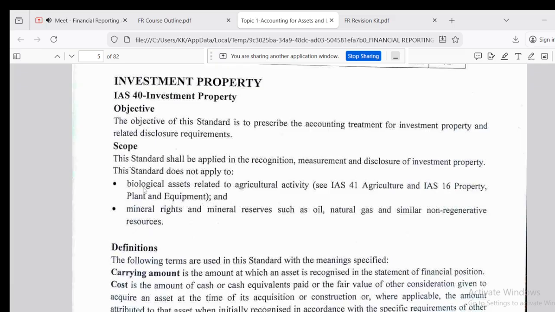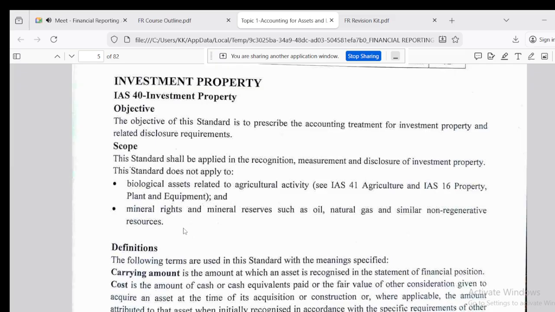You have written biological assets related to agriculture activity and mineral rights and mineral reserves such as oil, natural gas, and similar non-regenerative resources is not catered for by this standard.